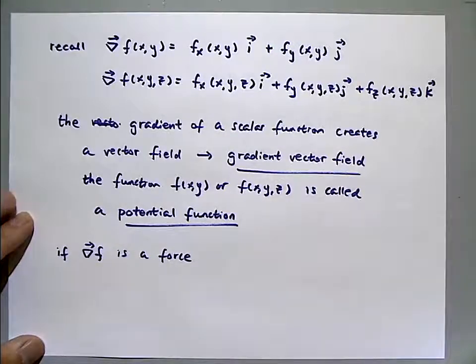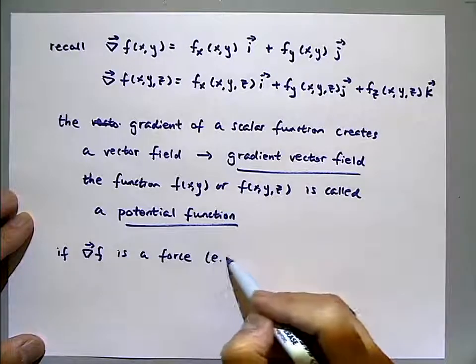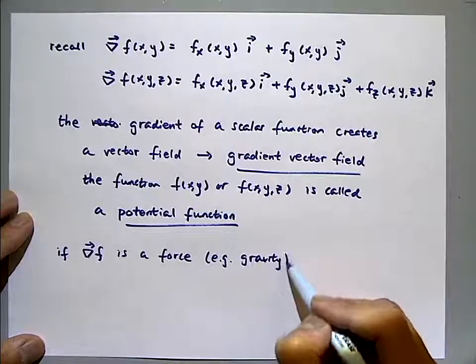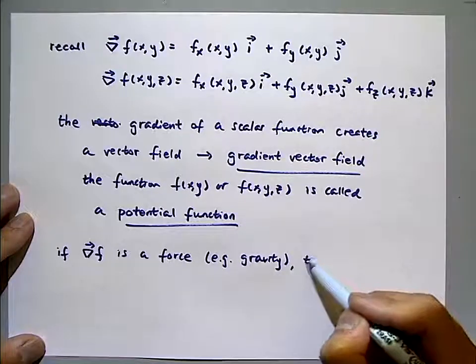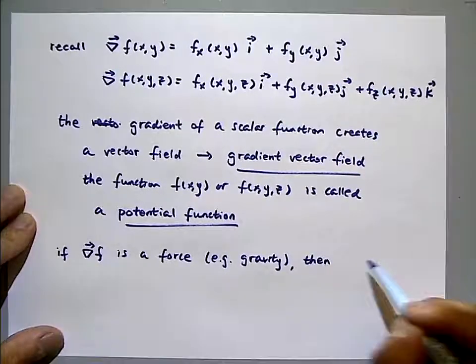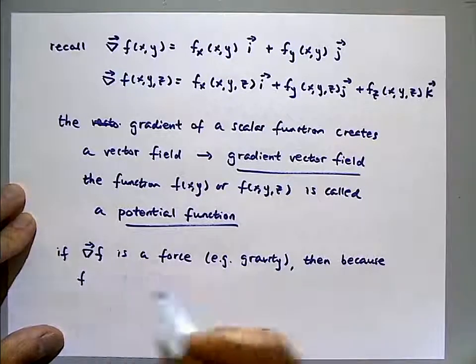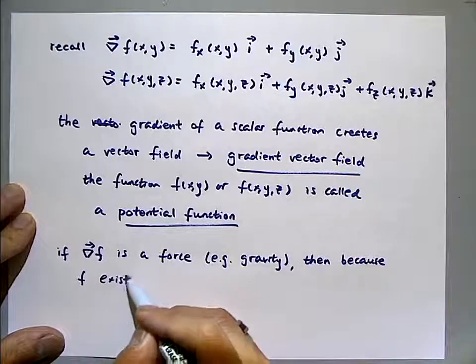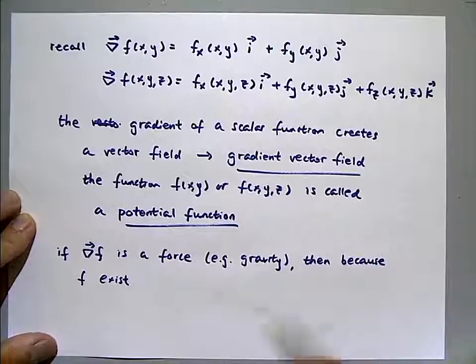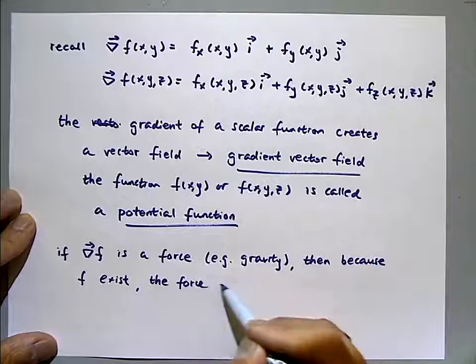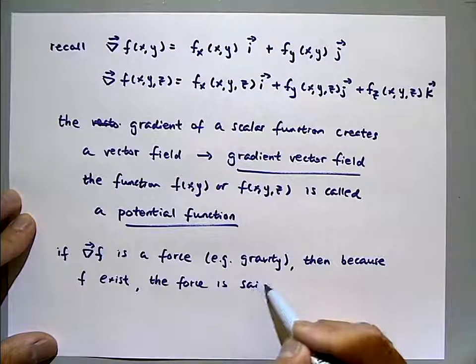So if the gradient vector field is a force, for example, gravity, then because f exists, that the potential function exists, the force is said to be conservative.